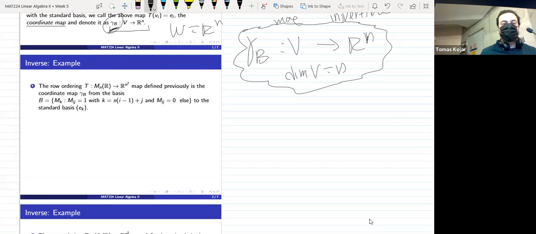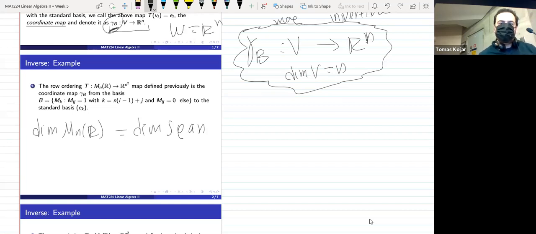I talked about it before, but let me remind you. We had the space of matrices, and the dimension of the space of matrices is equal to the dimension of the span of the following matrices. You put 1 in the (i,j) place and 0 everywhere else.